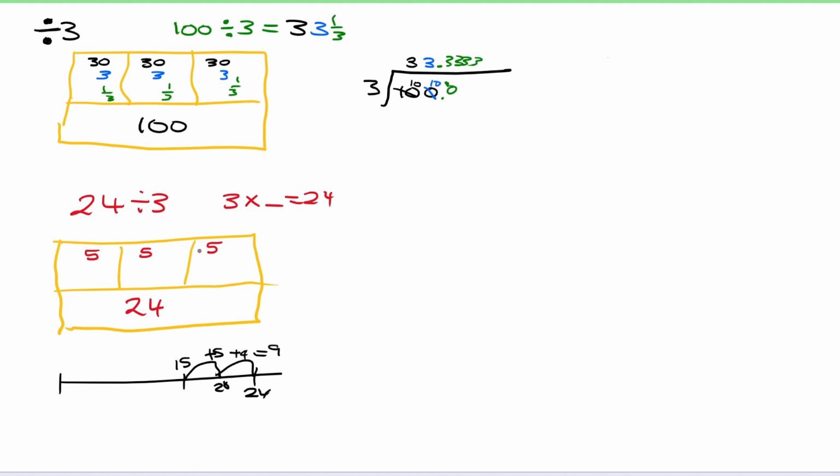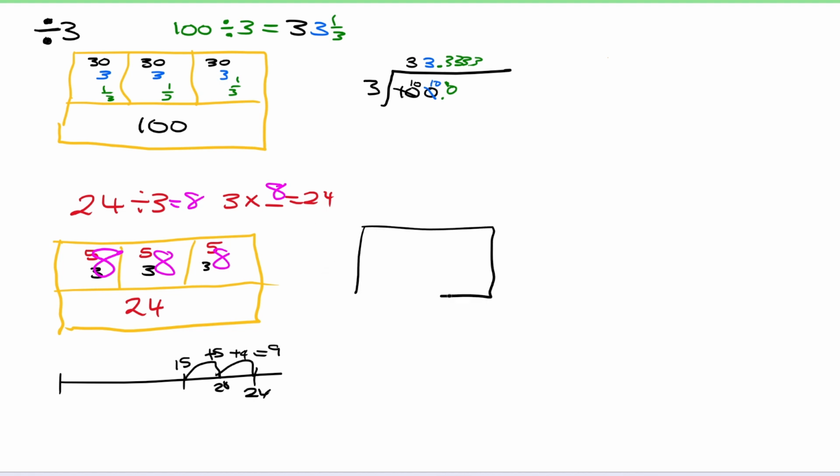So I know I've got to hop another 9. Well, if I'm doing groups of 3, that means I've got to do 3, 6, 9. That gives me a total of 8. So in each box here, I've got a total of 8. So I know that 3 8s are 24, and I know that 24 divided into 3 equal groups is 8. Great, I could do that.